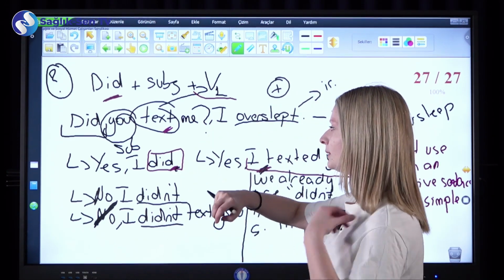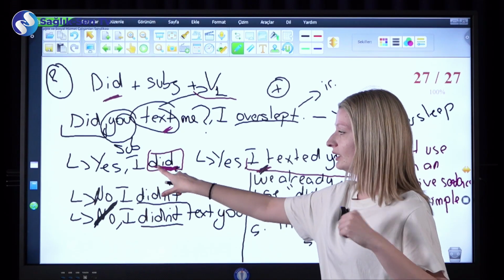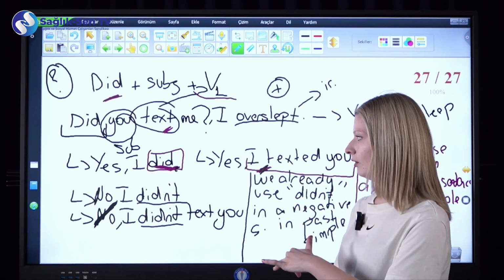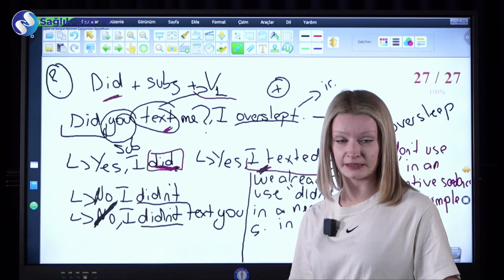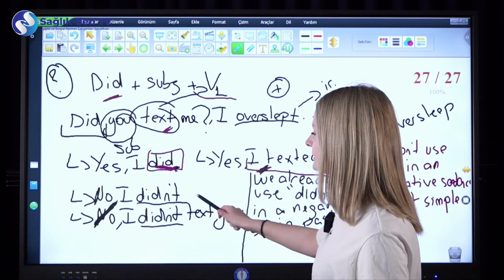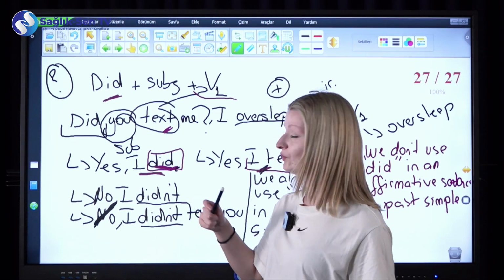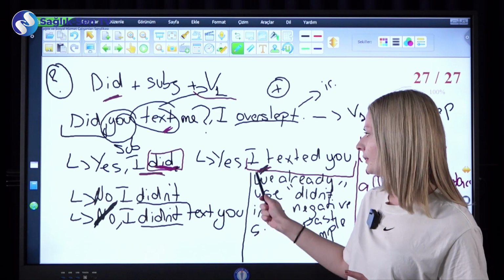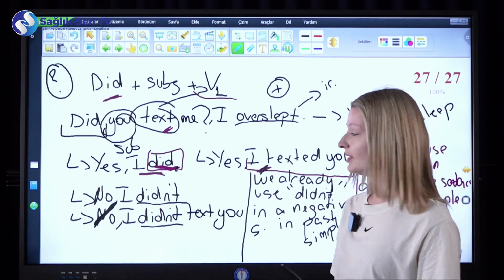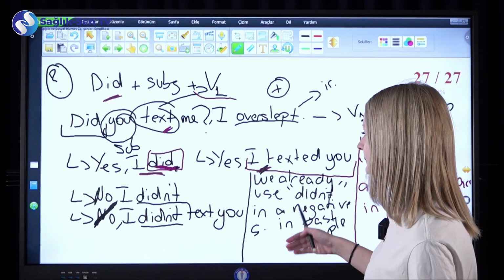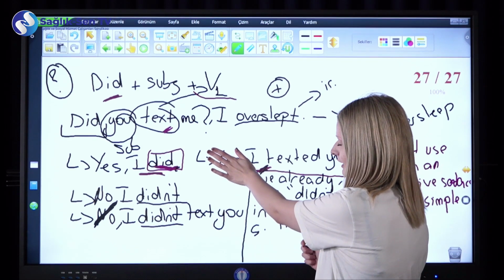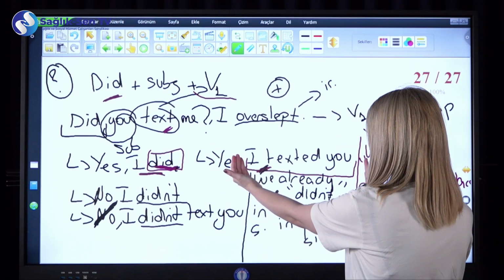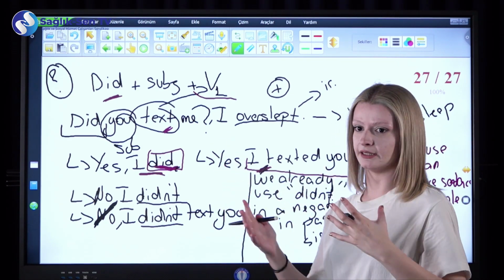Then we talked about the difference between short answer and long answer. It is pretty similar to the ones we have discussed in present simple because in the short answer we use the auxiliary verb, but in the long one we omit it. And the reason for that is you shouldn't see yes in the long answer. You can see that I texted you is a full sentence on its own.